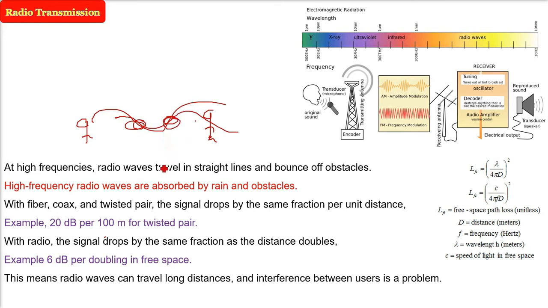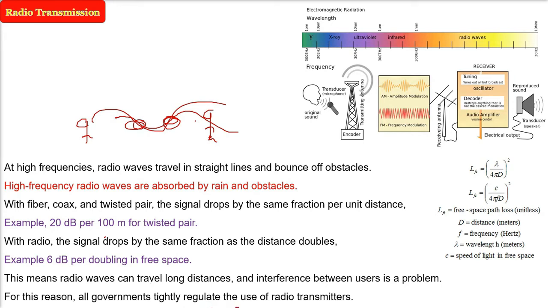This is why the government tightly regulates the use of radio transmitters. Everyone cannot use these ranges of frequencies, right? Because of the interference. If you talk and the other person is talking, there will be interference. So the government has to come in between and regulate the use of these radio transmitters. The reason is interference. Remember?